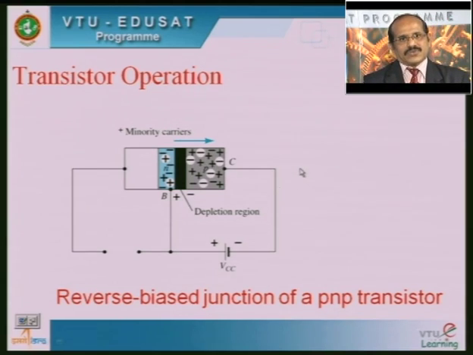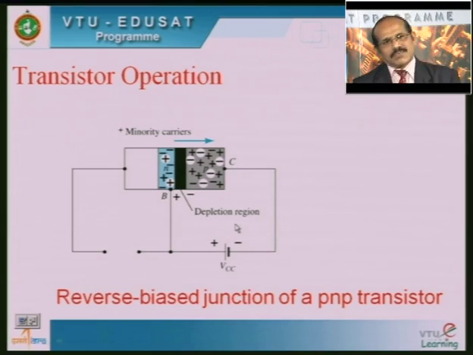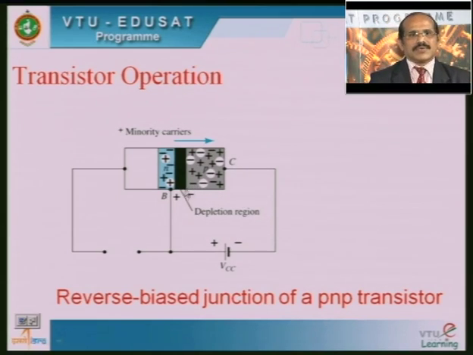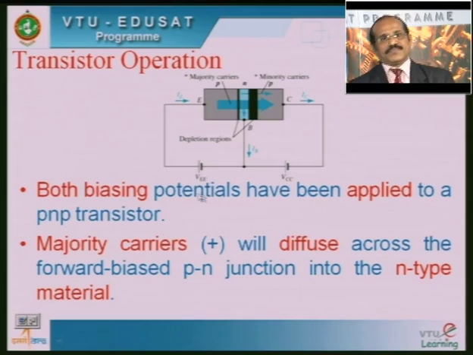And as I told you, when the emitter to base junction is forward biased, there will be a depletion region, and when the collector to base junction is reverse biased, there will be a depletion region too, but the thickness of the depletion region across the collector junction is more compared to that across the emitter base junction here.